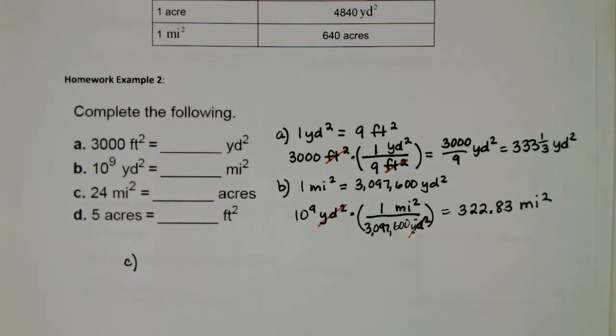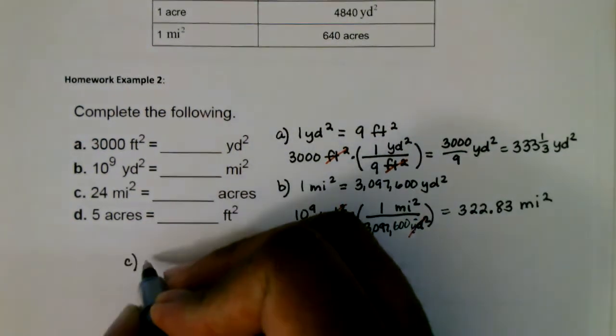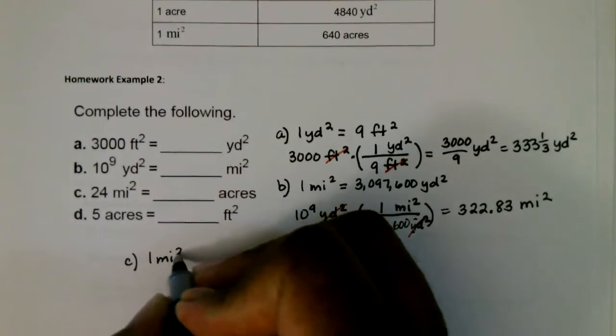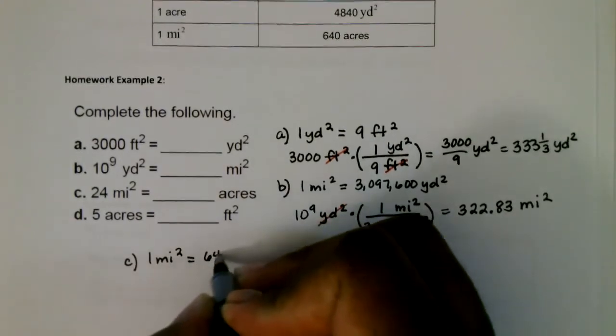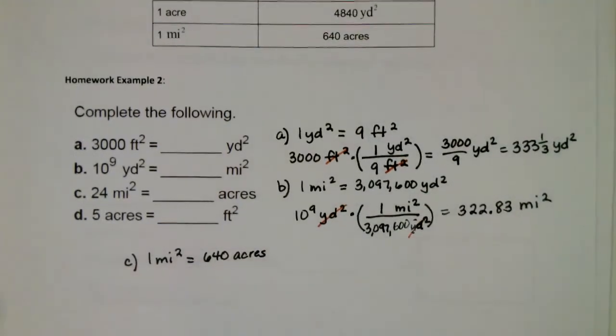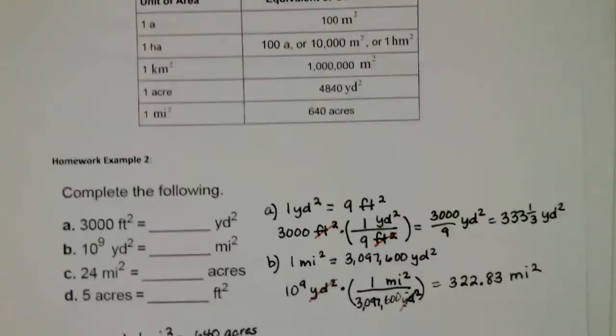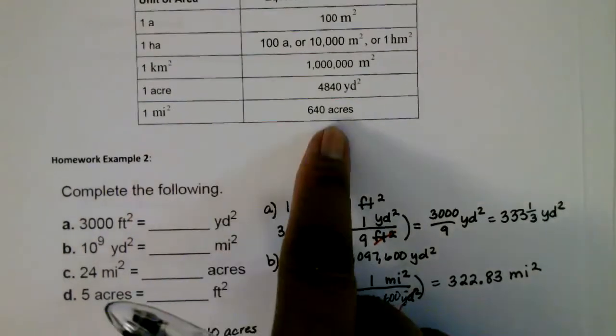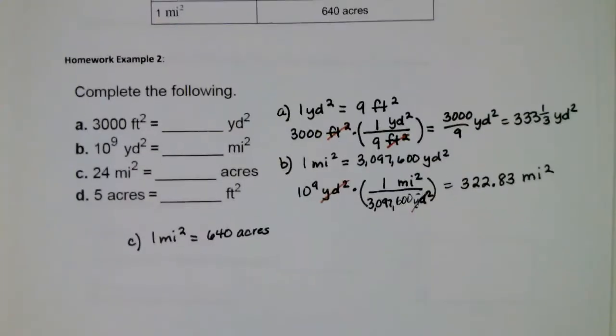Okay, now let's look at what we have here. For every 1 square mile, that's equal to 640 acres. And that's from that table that I just showed you, which is right here. 1 square mile, that's 640 acres.